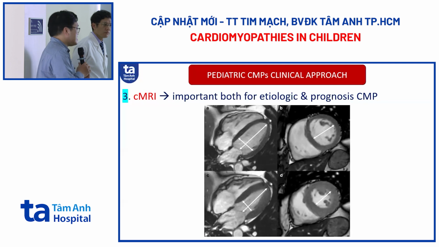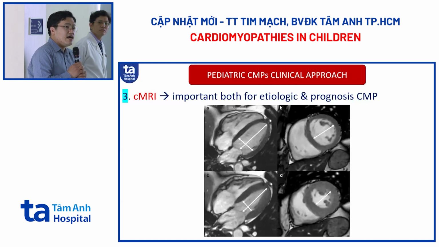And one more thing is that alcohol ablation is not available for children compared with adults. Because the surgical risk is also very high, in Vietnam we don't do much surgery to cut down the hypertrophy. And for children, we don't have alcohol ablation.